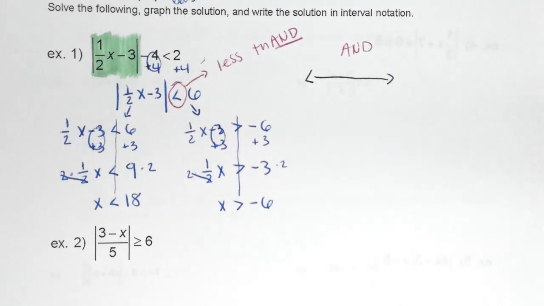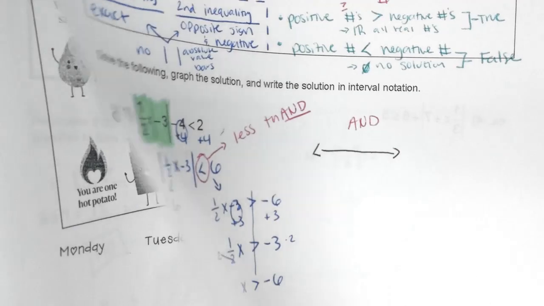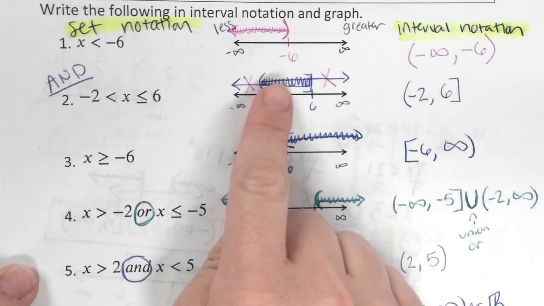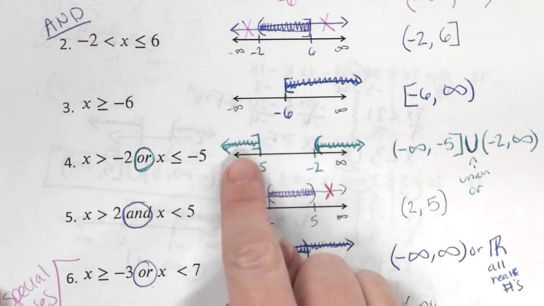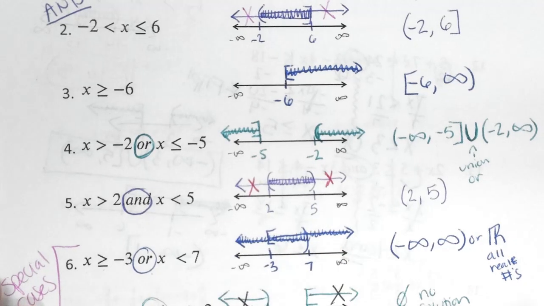Remember "and" and "or"? Because "and" is where they overlap. "Or" is anywhere you shaded. Overlap. Anywhere you shaded.